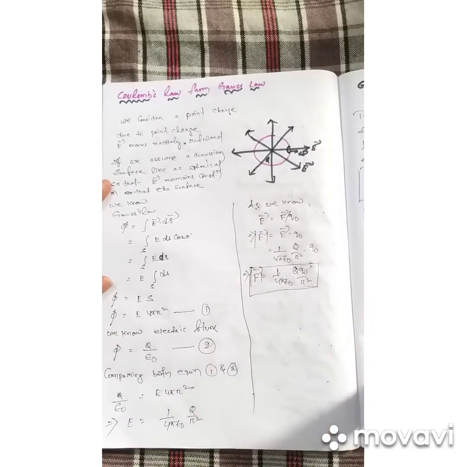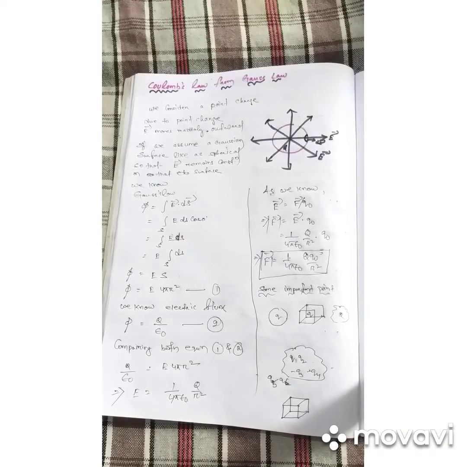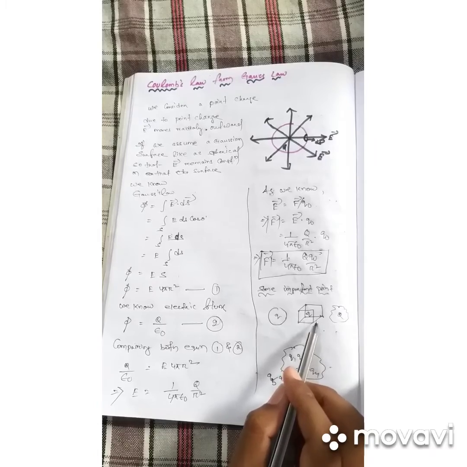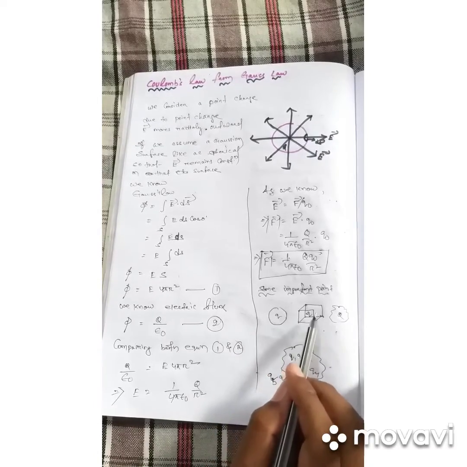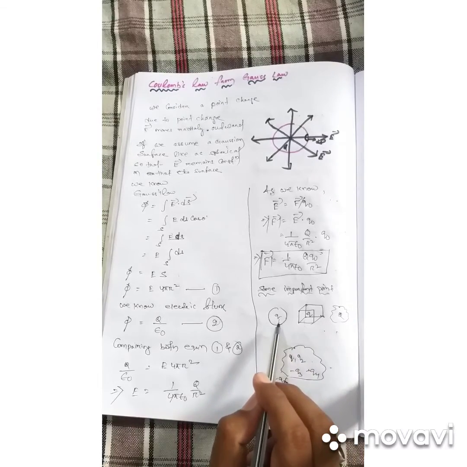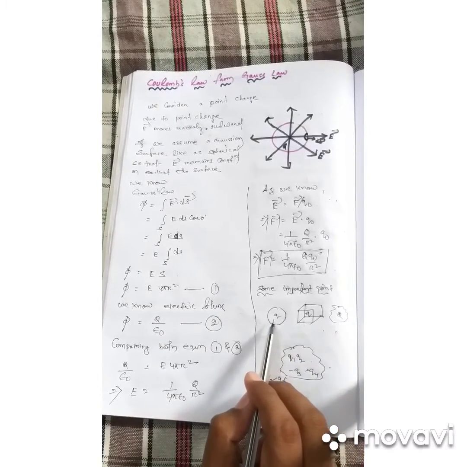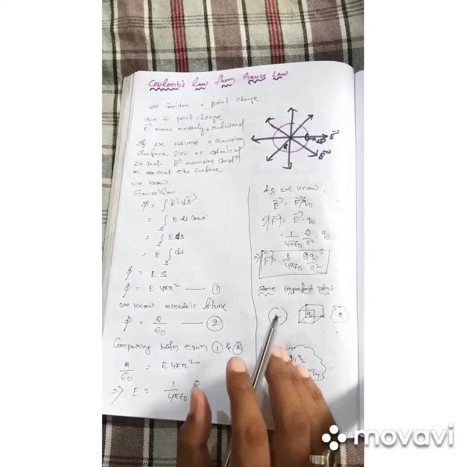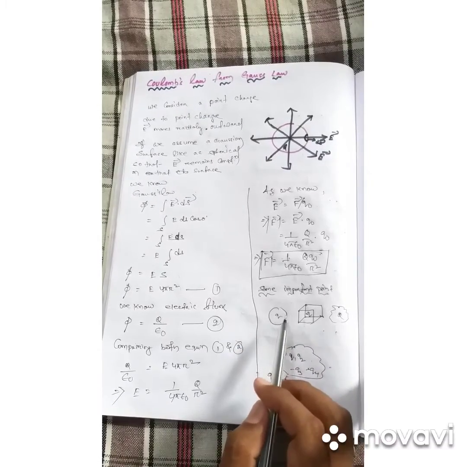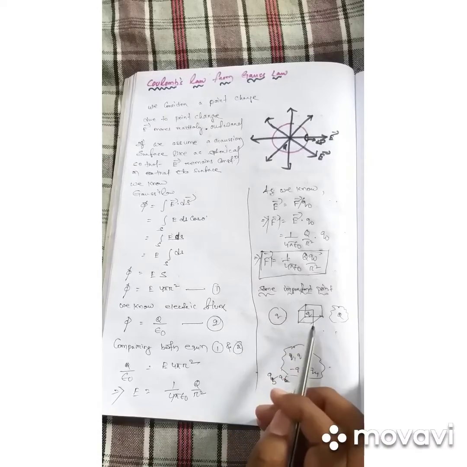Clear? Some important points which are given to you. If there are three surfaces, like a spherical, cuboidal and irregular surface, and a charge is placed inside them, and the magnitude of that charge remains the same, the total flux linked by all these surfaces remains the same.